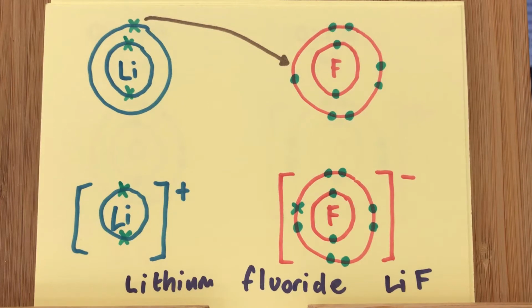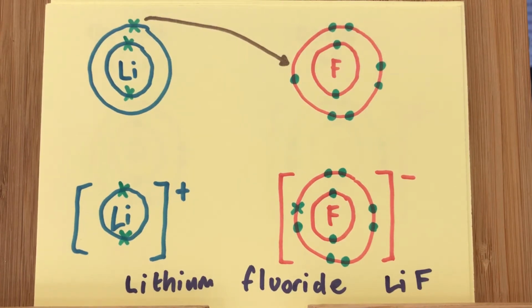So that's now an ionic compound. So you can see that movement of the electron over to the outer shell on fluorine, creating a positive lithium ion, a negative fluoride ion, remember that ending's changed, and the structural formula of that is LiF.